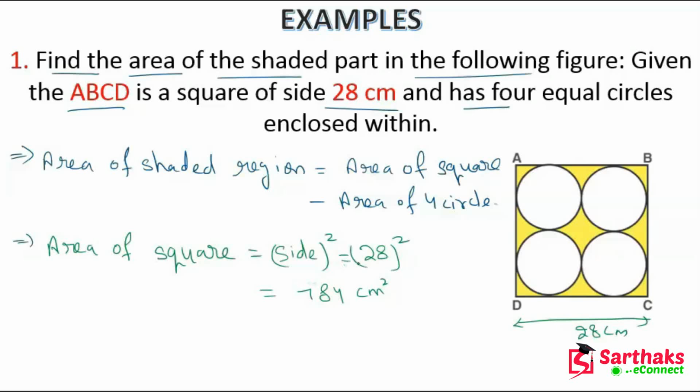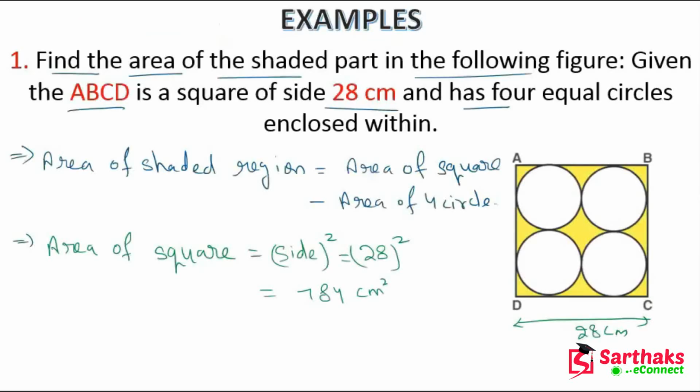Now we have to find the area of the circle. If we find the area of the first circle, then we can easily calculate the area of 4 circles, because the areas of these circles are equal. The area of first circle is pi r square. And what is the value of r?